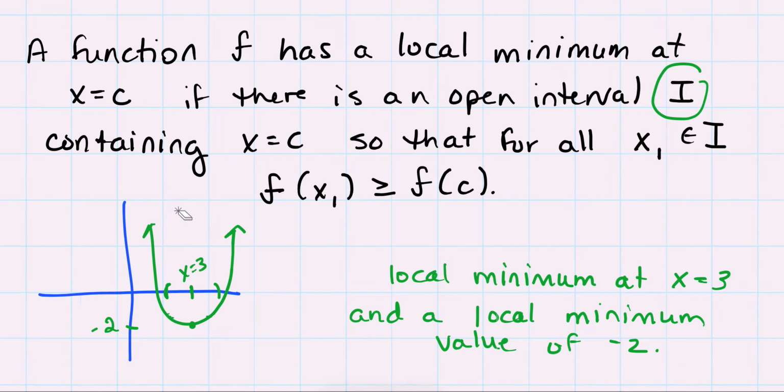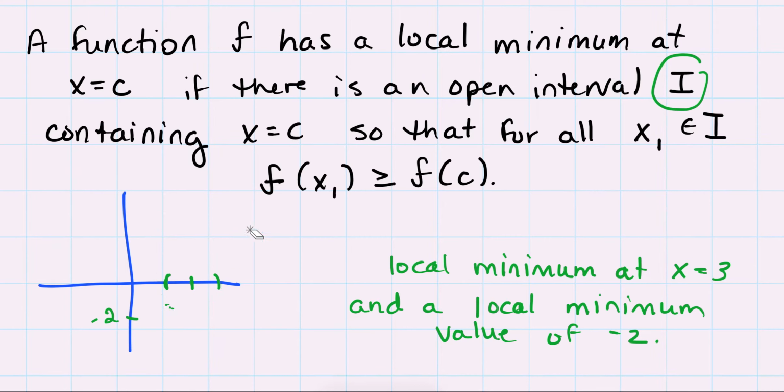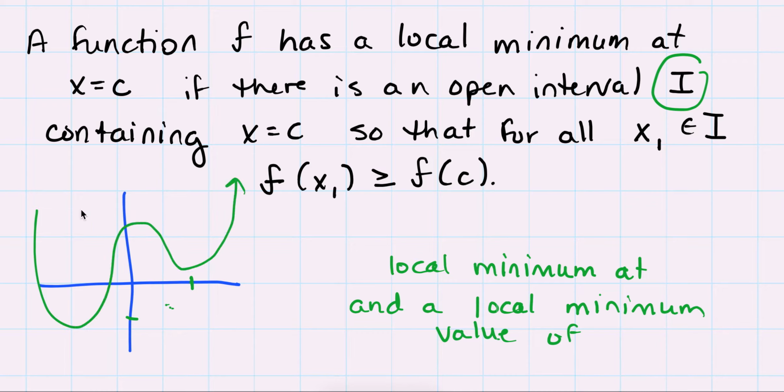Let me give you another picture. So let's say we have something like this graph here. We have two valleys. You can see I have one here and one here. Let's say this is x is equal to -4, and again, let's say this is x is equal to 3. And I want this to be, let me adjust it a little bit, like that.